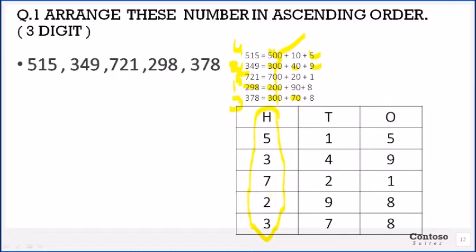इन नंबर्स में स्मॉलेस्ट कौन सा है? 5 है, 3 है, 7 है, 2 है या 3 है? वी नो इनमें से स्मॉलेस्ट है 2, तो ये जो होल नंबर है ये आ जाएगा पहले, फर्स्ट नंबर. Then after 2 which number will come among these 4 numbers?